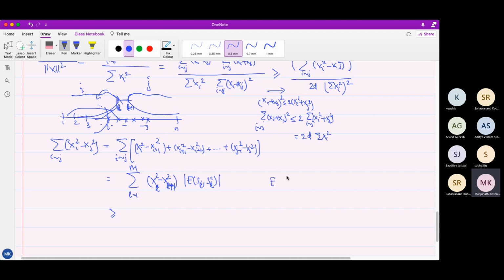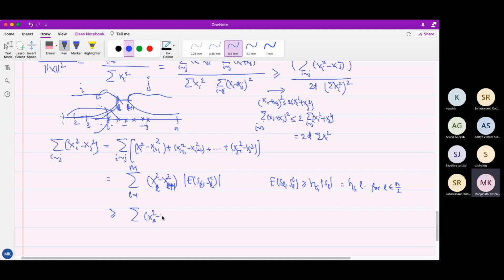now we know that E of SL complement is greater than or equal to Hg times the size of SL, which is actually l, if you want, provided l is less than or equal to n by 2.